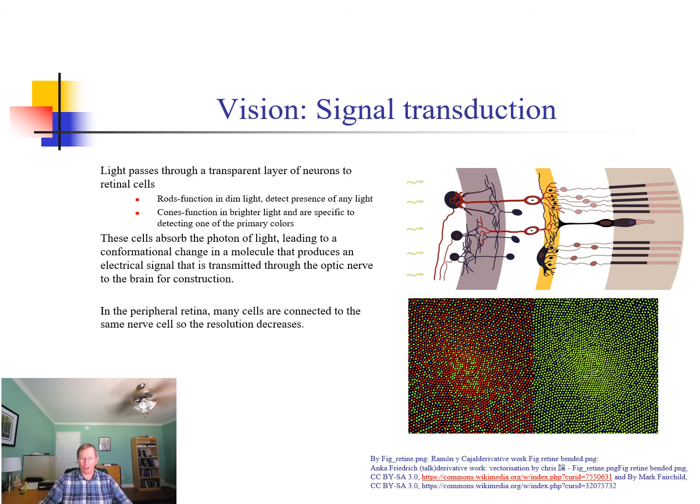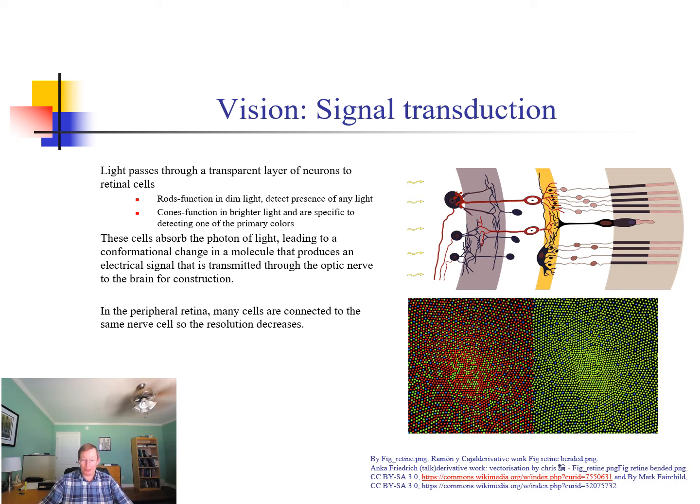All right, so let's talk a little bit about how the eye is going to process that light. If I look at the fovea or the macula or even somewhere on the periphery, light rays are going to be focused onto a layer of neurons, and they're transparent, and they'll allow the light to go through to certain sets of cells that will absorb the light.